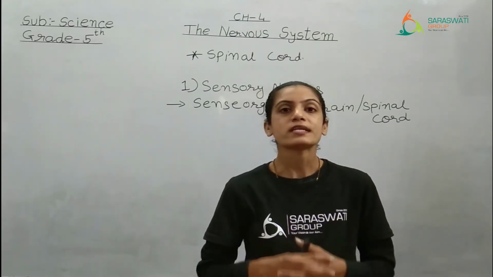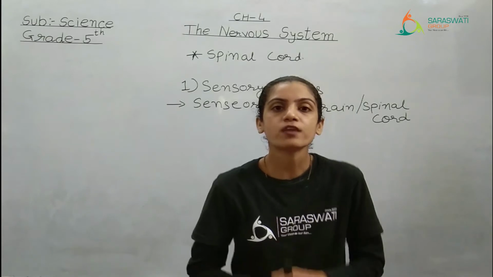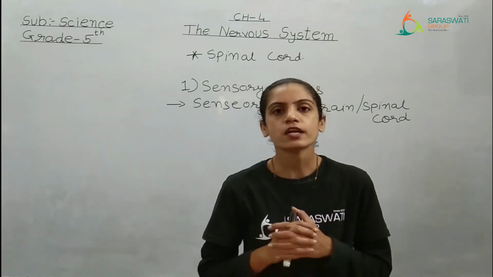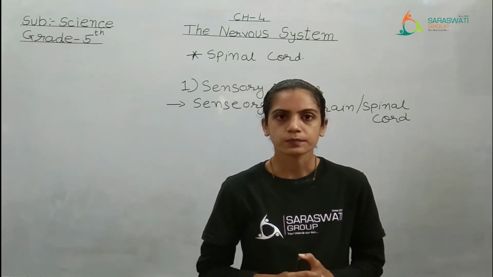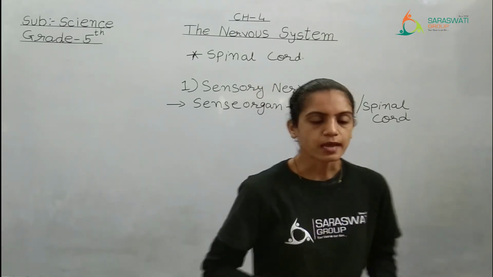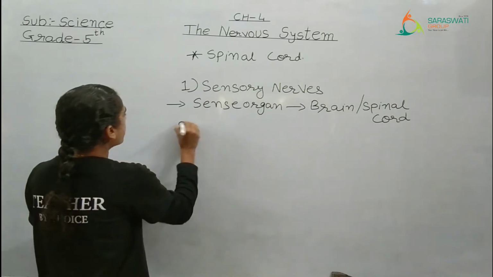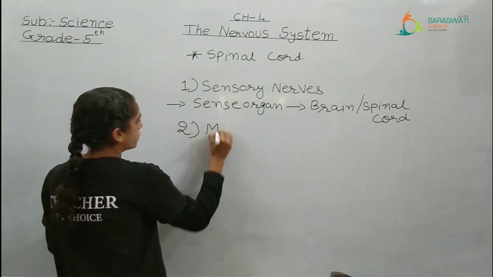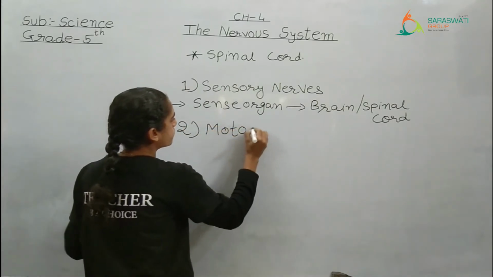Right? So what is that? The first type of nerves, that is sensory nerves. Clear? Now moving further to the next one. What is that? The next type of the nerve, which is motor nerves.